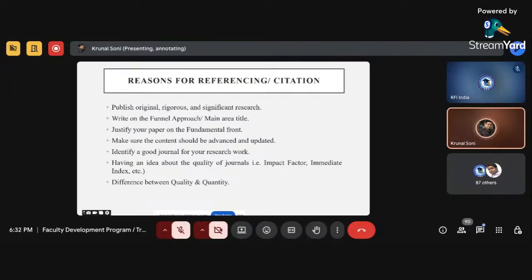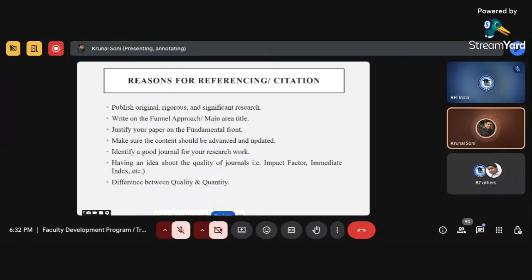To justify your paper on fundamental fronts, in terms of what you have taken from others and what you have done yourself, so that your research paper is fundamentally correct. To justify your contribution to the research also, referencing and bibliography help us. Make sure the content is advanced and updated, so that by referring to various papers in current publications, which we can identify from good journals, we always come to know the latest work.